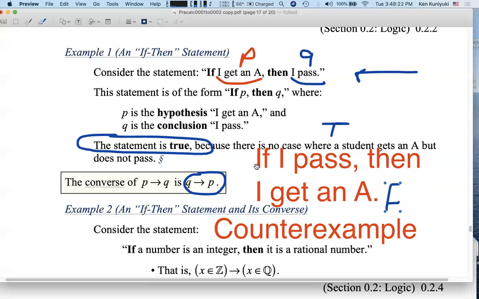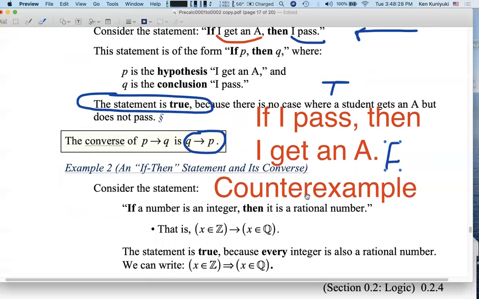Can you think of a situation where you pass and yet you don't get an A? Can you think of a counterexample? Well, yeah, you can get a B or you can get a C. And these are both counterexamples where you pass but you don't get an A.